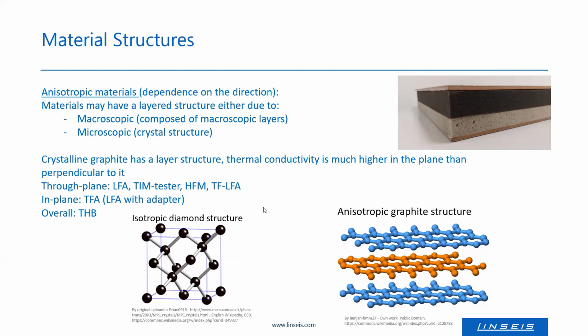So selecting your method, you should be aware that your material can be anisotropic, and in this case, you have to consider if your method will measure the thermal conductivity perpendicular to the layered structure, so-called through plane, or in plane, or an overall value. And the methods which you can use are different according to the direction of the measurement.